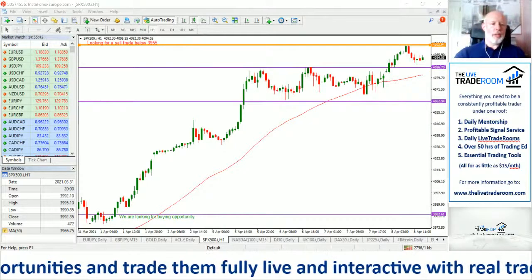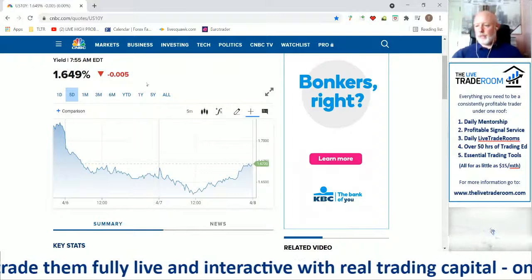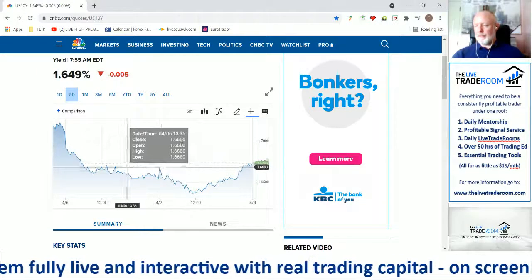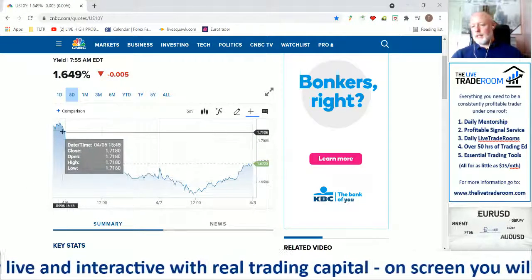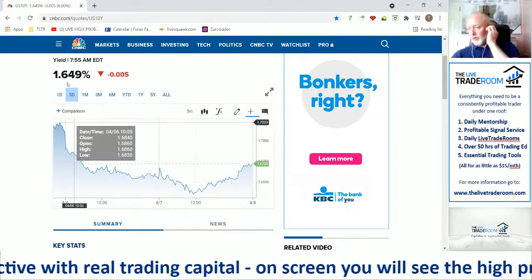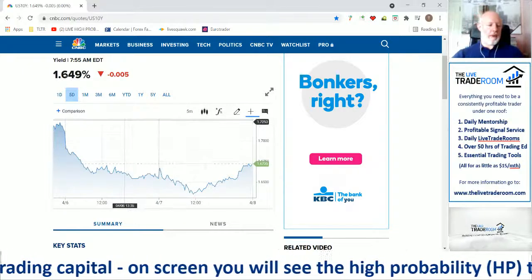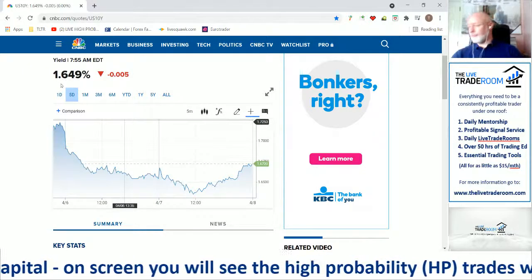Just to take on board the yield curve, you're probably hearing an awful lot about the 10-year note and what's been happening with that. Well, you can see this is a 5-day chart, and we're now back down to 165 really. But we were up at 175 over a week or so ago.